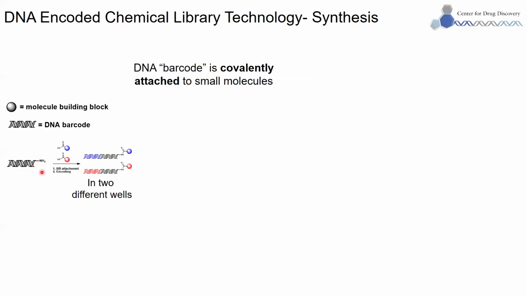In this case I'm showing an amine functionality, which is a reactive handle where we attach the small molecules. Here I'm showing an example using two different building blocks, a carboxylic acid blue sphere and a red sphere. The first thing we're going to do is an amidation reaction, capping, followed by a DNA barcode attachment.